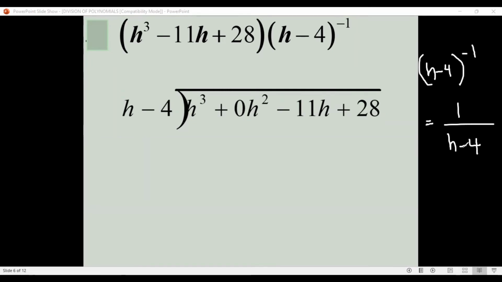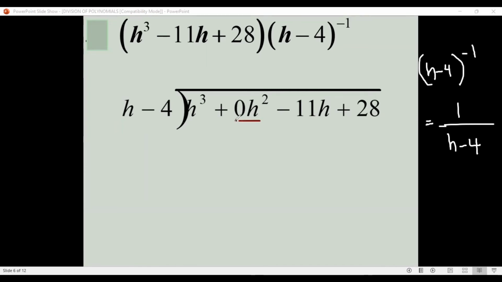So again, that is one law of your exponent. So this simply means that you are actually dividing this number by h minus 4. Okay, so we have now h minus 4 as our divisor. Now you will notice in this example that we actually inserted one variable, that is your h squared.